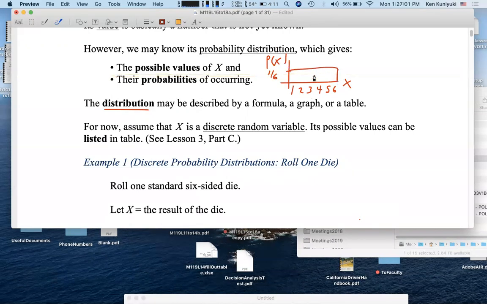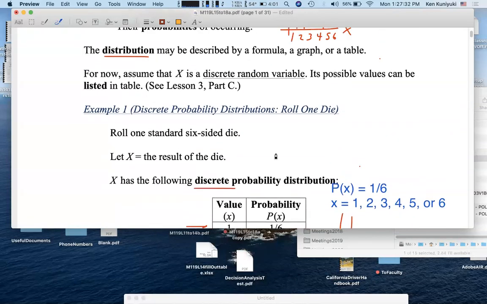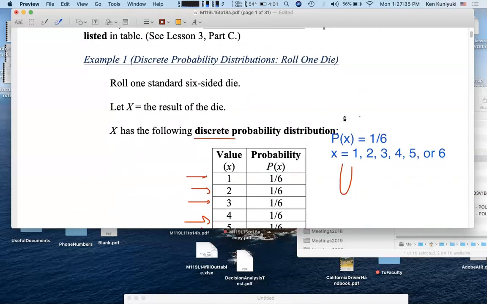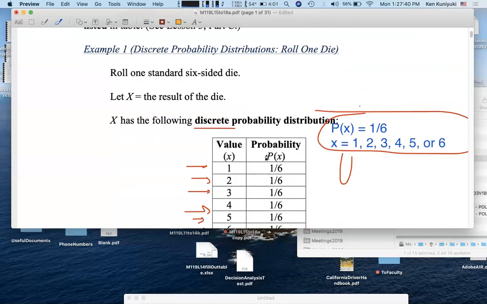Equal probability for each of the possible 6 faces on the die. One-sixth apiece. Now, if you actually roll a die, you'll get some sampling error, but these are the probabilities. A uniform distribution for a die. All right, or a table, like so. So again, a probability distribution may be described by a formula, like this, by a graph, like a probability histogram, or a table, like so.